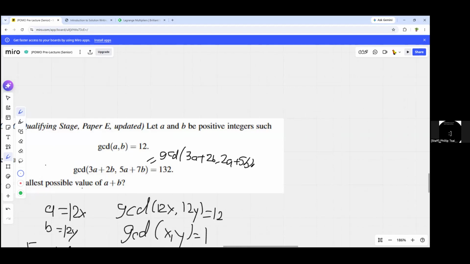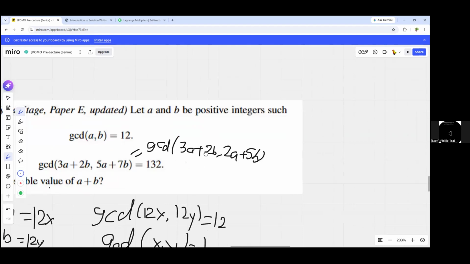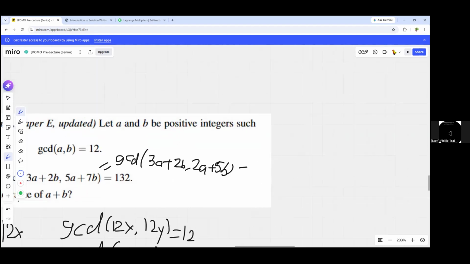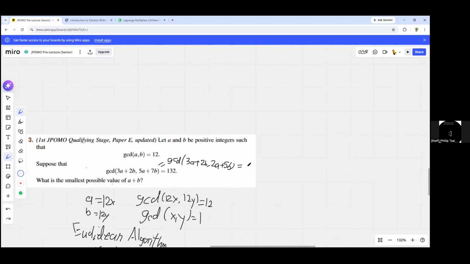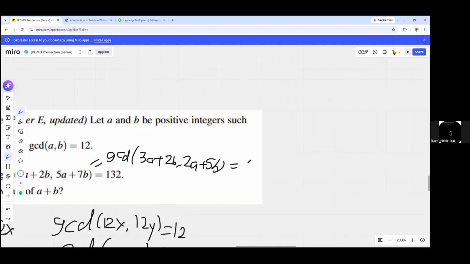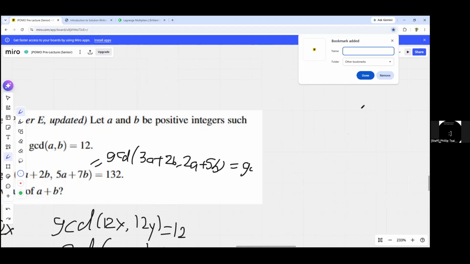And then we can repeat the Euclidean process again. We basically just want to clear out one of the terms so that we get a cleaner expression.